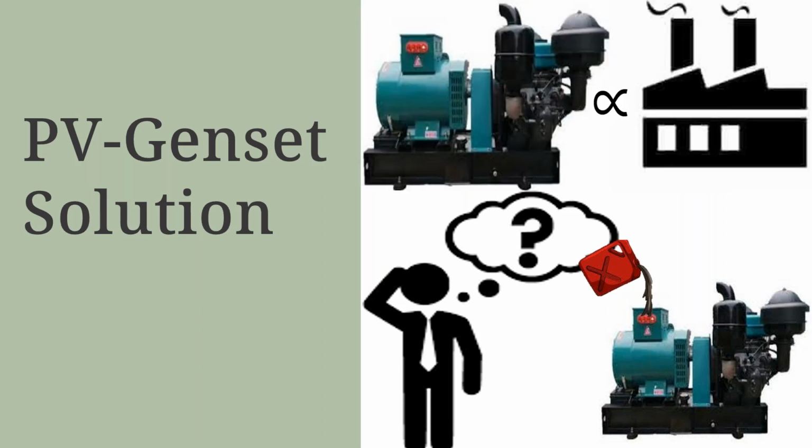The truth is that the rate of consumption of fuel is directly proportional to the load demand. So the more the load demand, the more fuel is combusted or consumed.